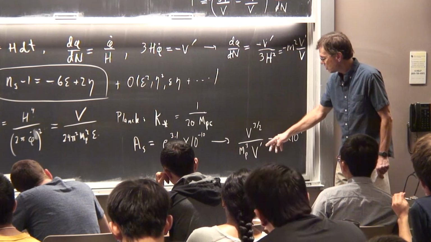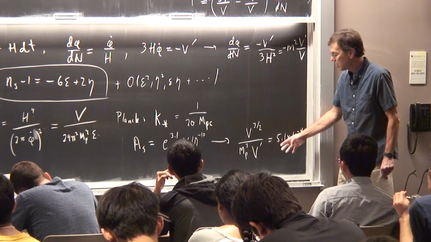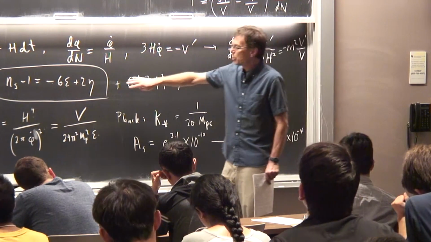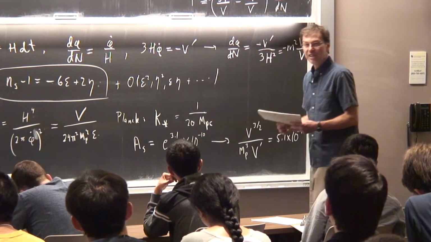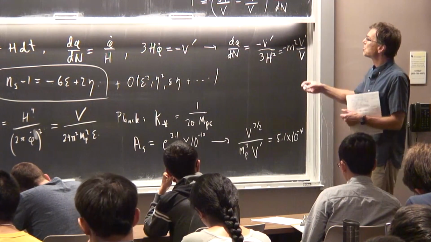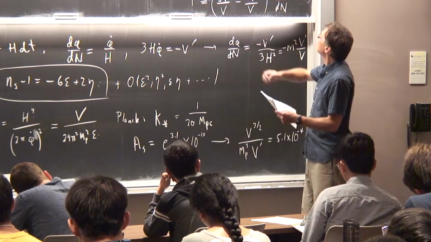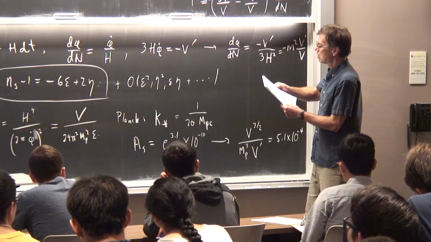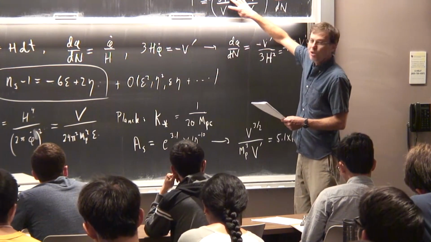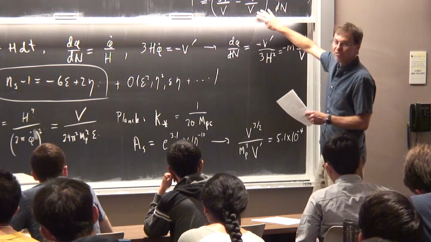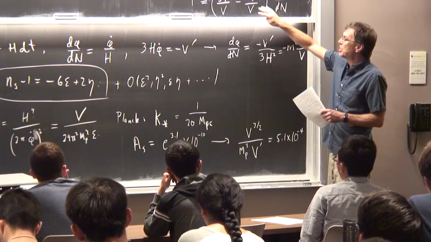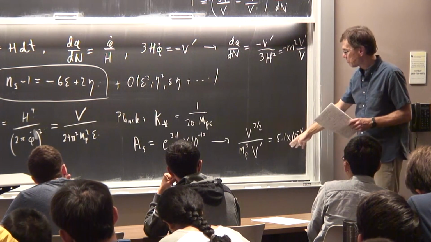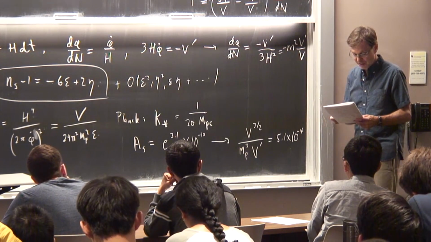And what you see here is that this is going to have some impact on the overall scale of the potential. Whereas the slow roll parameters themselves don't care about the overall scale of the potential. They're always V prime over V squared or V double prime over V. So overall changes in the scale have no effect on the shape of the potential. It's only the amplitude that cares about that.